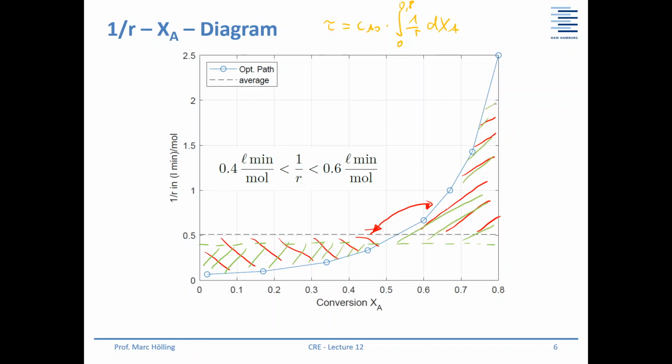I think if you go below this value, you will see it doesn't make sense. And the same applies for a value of 0.6. If you go above it, it's very clear to see that it's not very meaningful to have it like this. Okay.